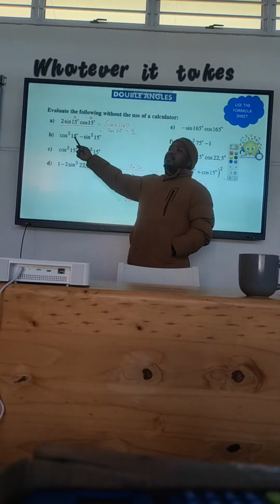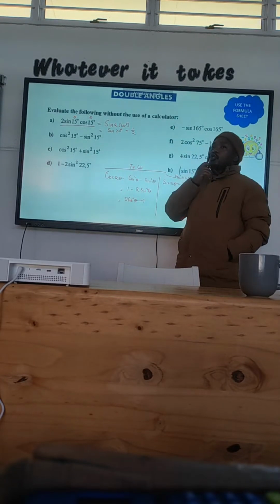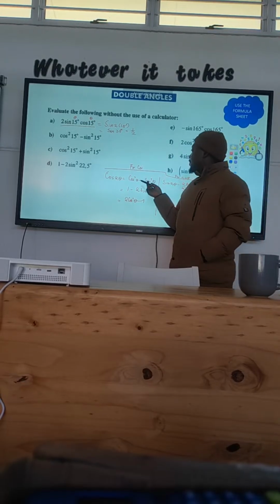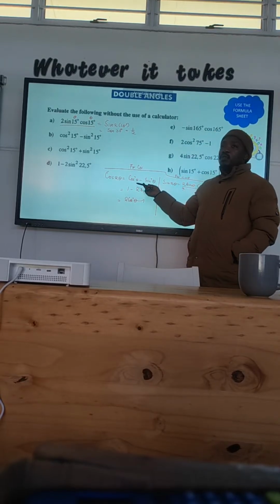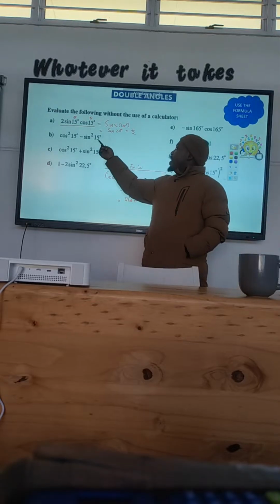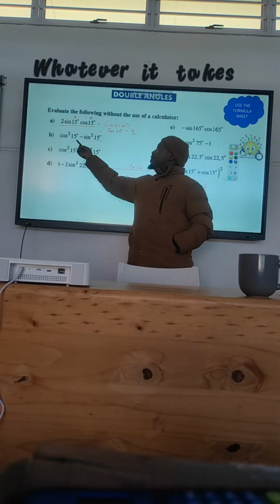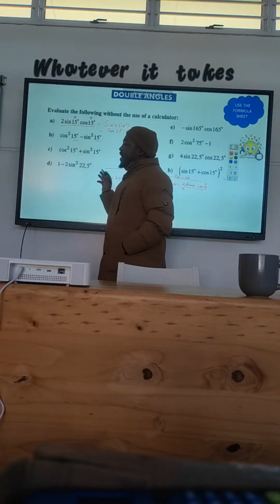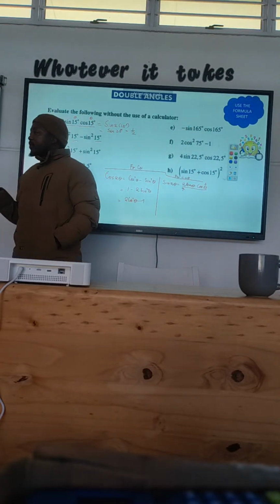This one, it's a cos. You see? Look at the first one. It is there, your formula sheet. Cos squared of theta, sine squared of theta. We have the same angle, 15 and 15. So it simply means this is a double angle of cos.